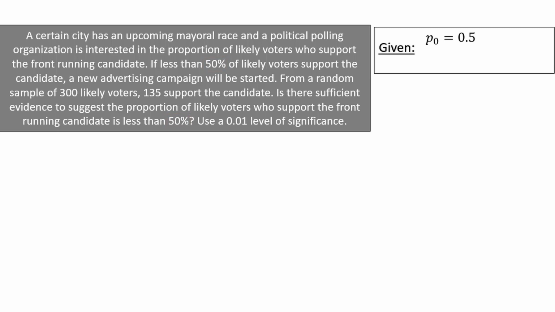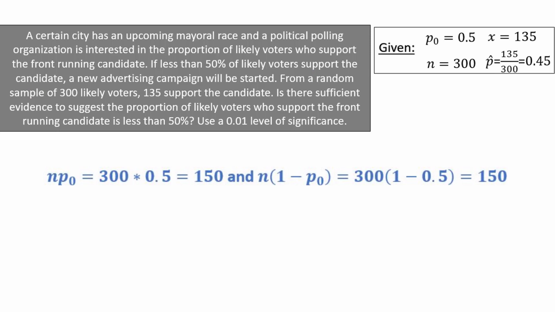X, the number of successes, is the 135 supporters, and n is the sample size of 300. P hat is x divided by n, or 135 divided by 300, which equals 0.45. Note that the assumptions for this test are met, as we have a random sample, and both n times p sub 0 and n times 1 minus p sub 0 are much greater than 5.